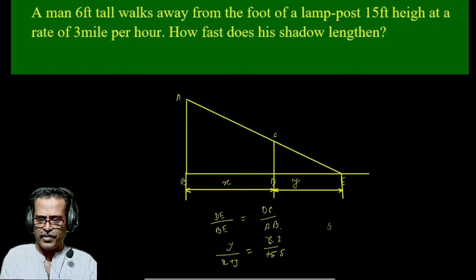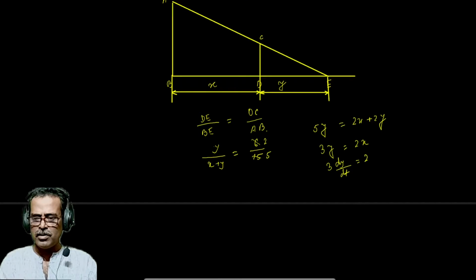So 5y is equal to 2x plus 2y. 3y is equal to 2x. So 3 dy/dt is equal to 2 dx/dt.